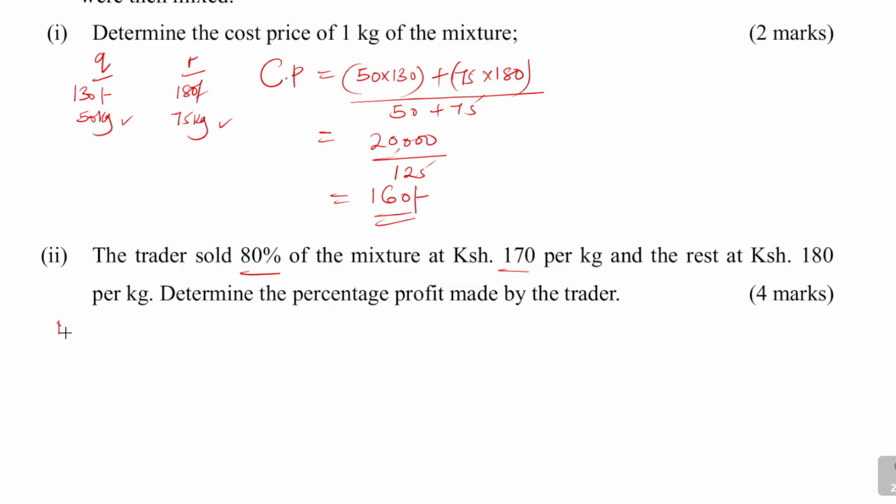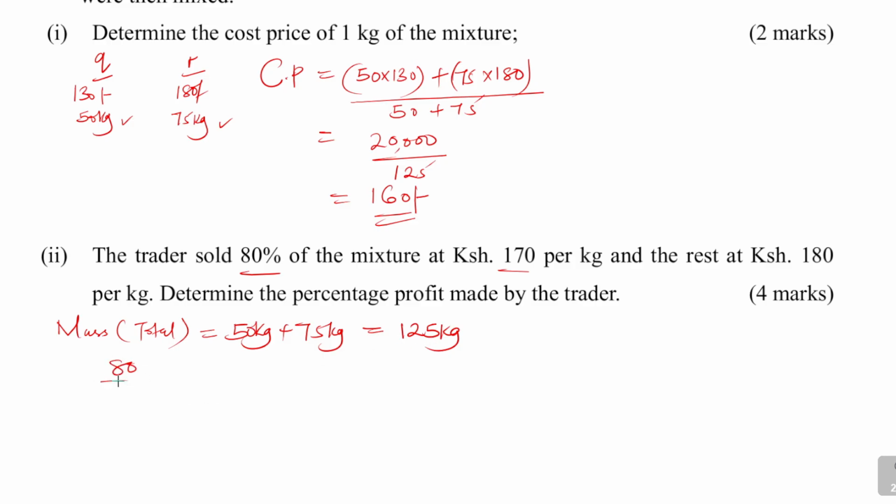So total mass will be given by Q, we have 50 kg. Then R, there is 75 kg. So this gives a total mass of 125 kg. So this trader sold 80% of these 125.